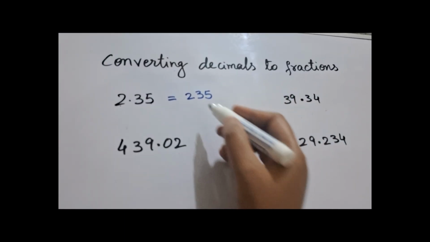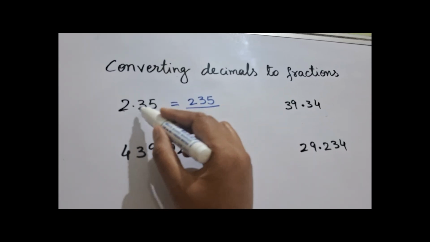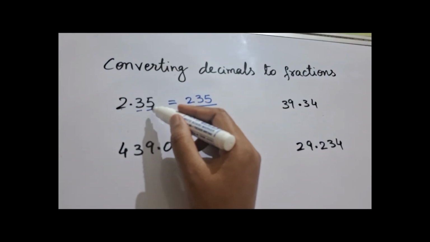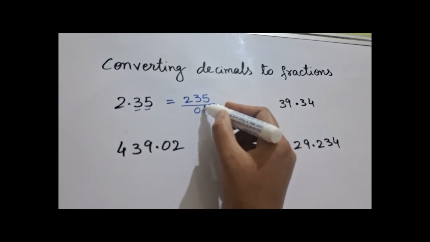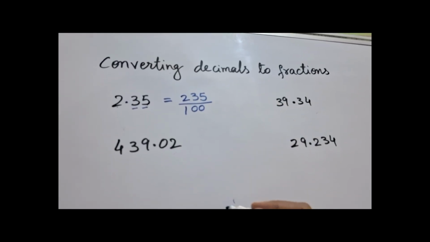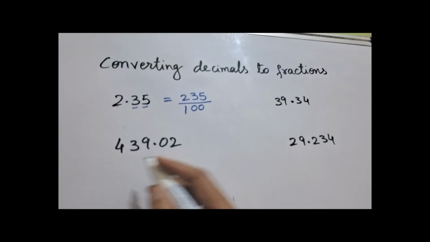Okay, children. And then in the denominator place, the decimal part is having how many digits? 2 digits. So 2 zeros, which number is having? 100. So write 100 here in the denominator place. Isn't it very simple, children? Next, we'll write this one.